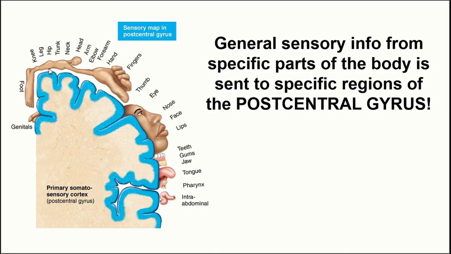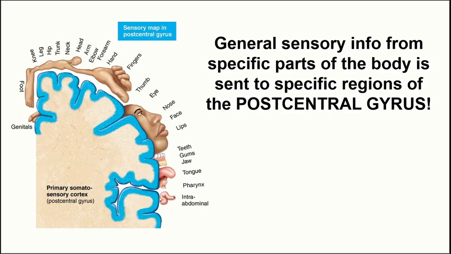This little map of the body has been drawn in an exaggerated way to illustrate the number of neurons devoted to sensing particular parts of the body. The larger a structure is drawn, the higher the number of neurons in that part of the somatosensory cortex receiving sensory information from that part of the body, compared to structures drawn in a smaller size.